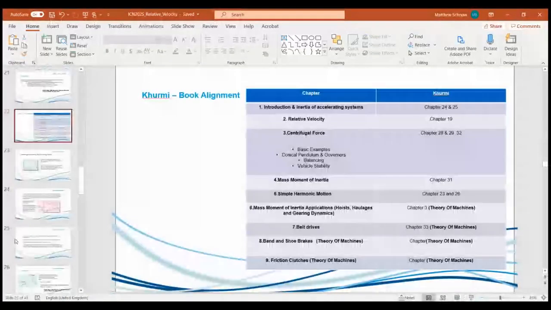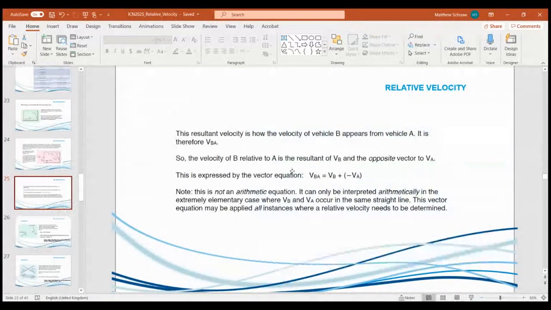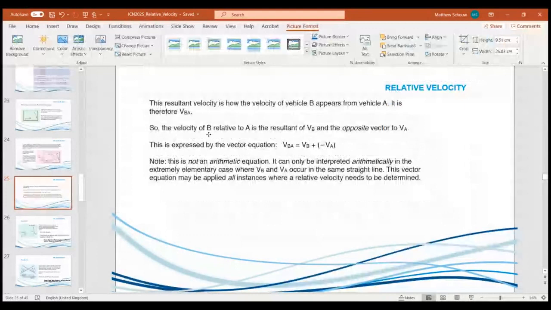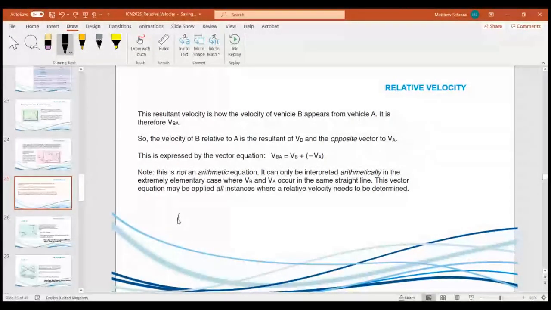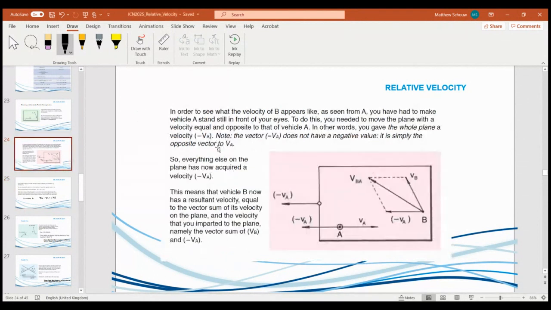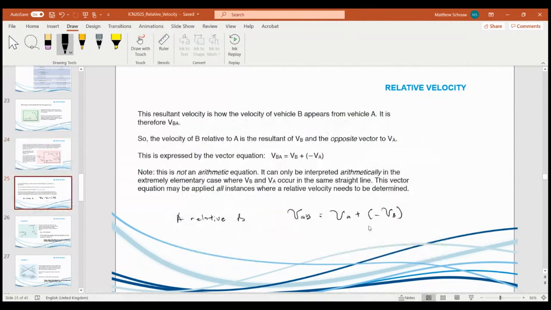For instance, and we'll be solving a problem immediately after this, if you're looking at the velocity of A relative to B, because you can also do that, then you're going to say V_AB, the velocity of A relative to B, meaning we have to put an opposite vector to make B stand still to see how A is moving, right?